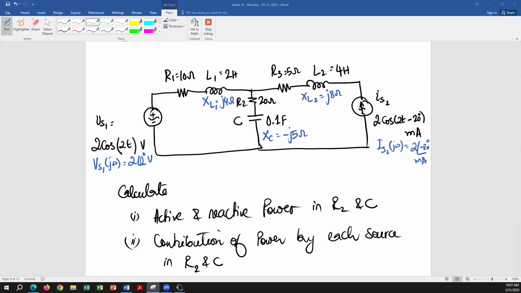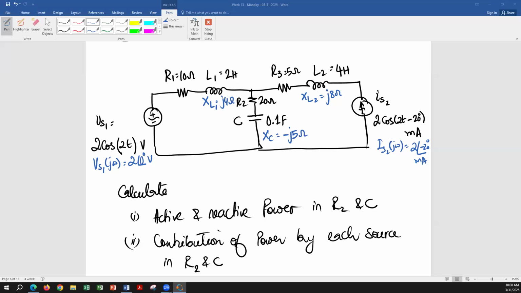Let's go ahead and plug these values in my MATLAB. So Vs1 is 2 and omega is 2, L1 is 2, R1 is 10, R2 is 20, C is 0.1, L2 is 4, and R3 is 5, and Is2 is 2 angle negative 20.